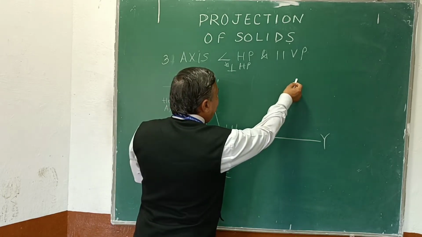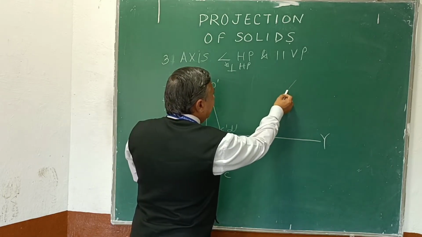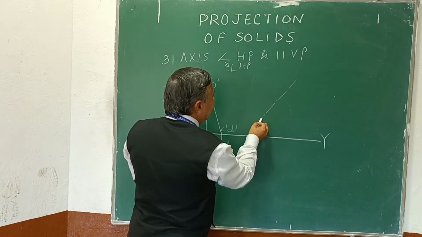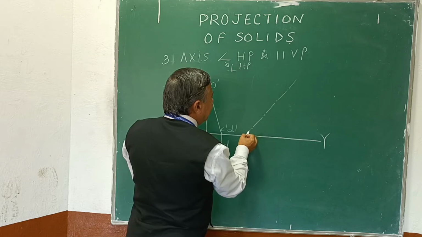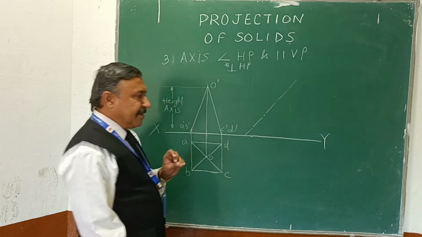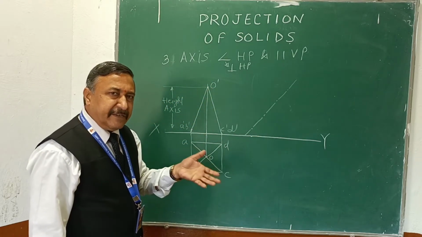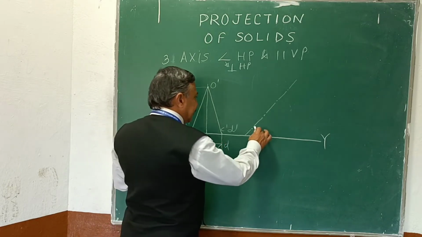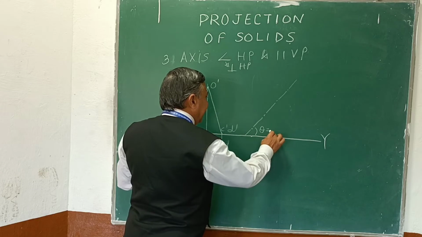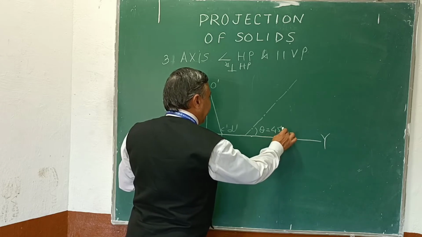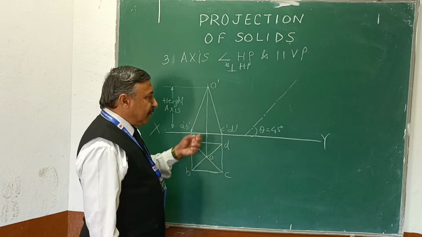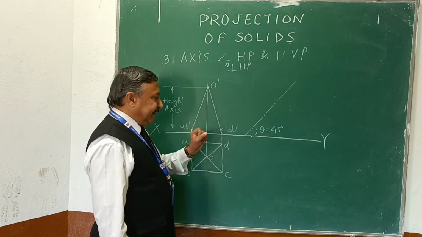Suppose this is the axis, and we take random data. Suppose our theta is equal to 45 degree. So this is our axis.